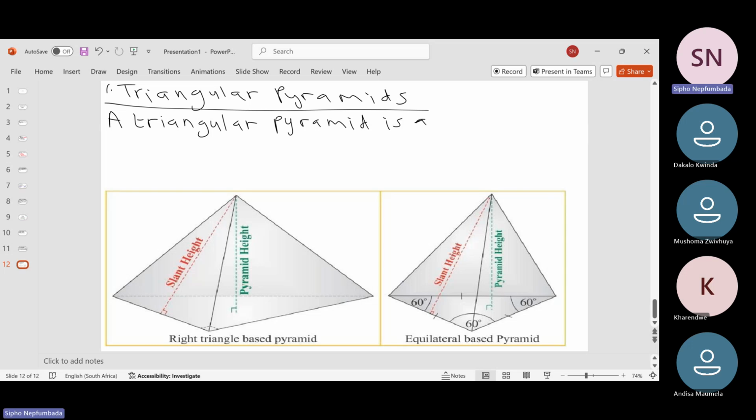A triangular pyramid is a pyramid that has a triangle as a base.